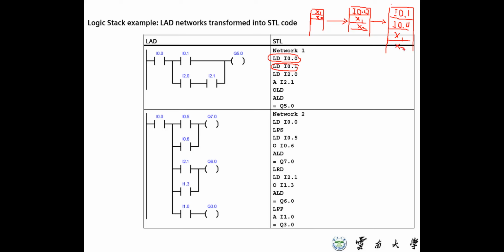And when we do this one, the top level is I2.0, the second is I0.1, and the third is I0.0.